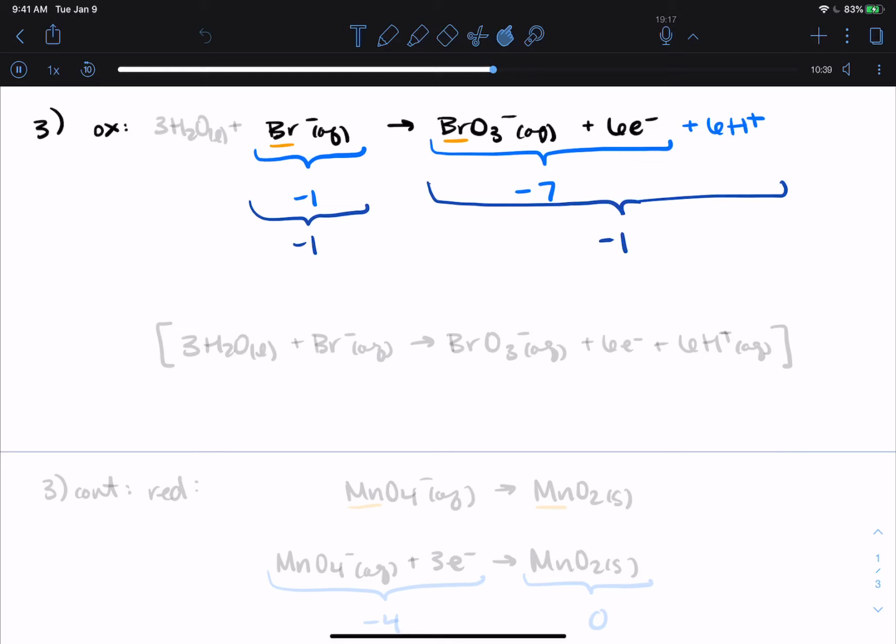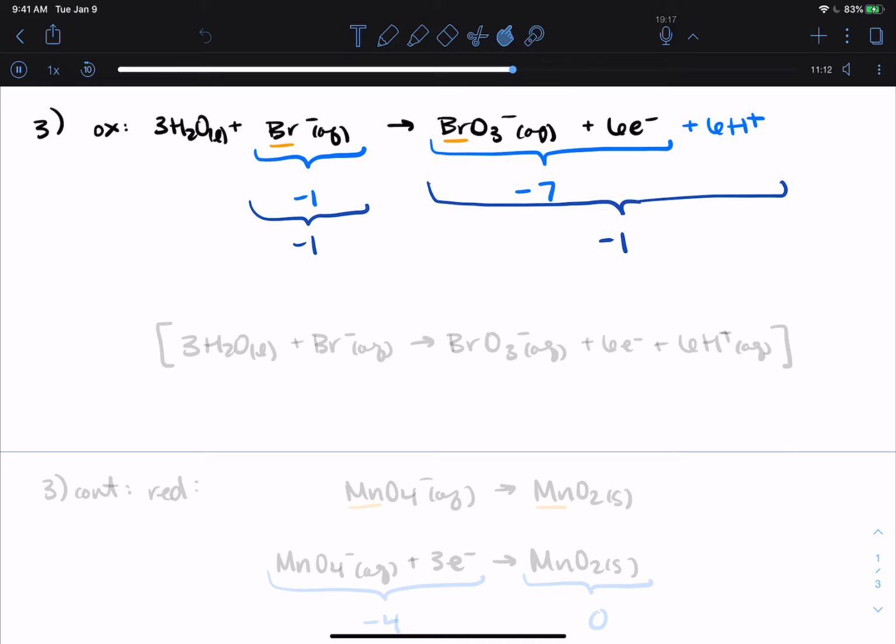And then balance oxygen and hydrogen with H2O. So on the right-hand side now, I've got 3 oxygens and 6 hydrogens, and on the left-hand side, I don't have any, but the amount of hydrogens and oxygens on the right-hand side is a perfect amount that I can balance with 3 water molecules.